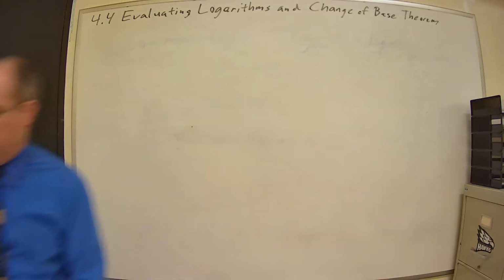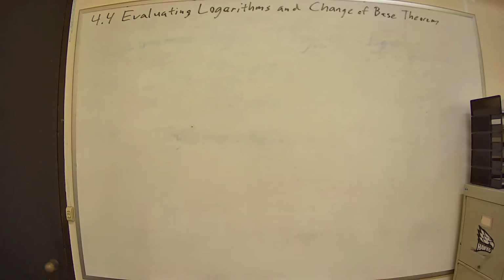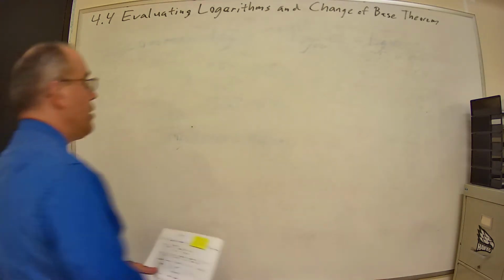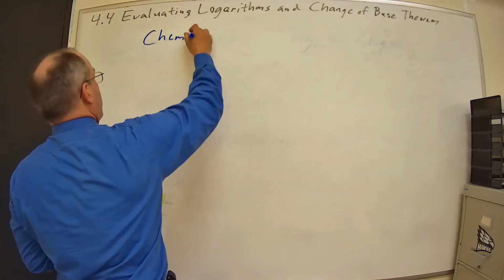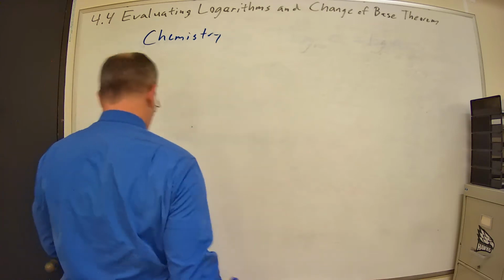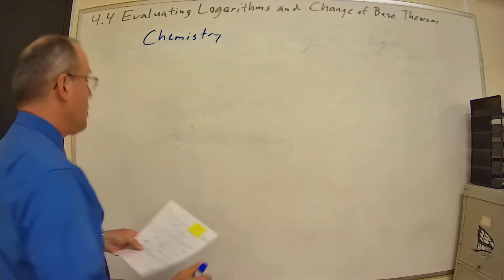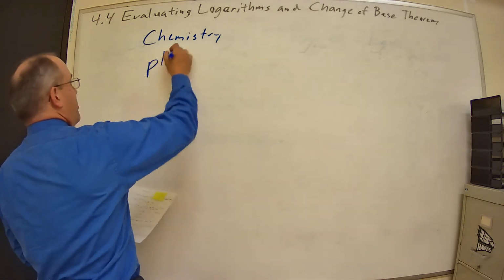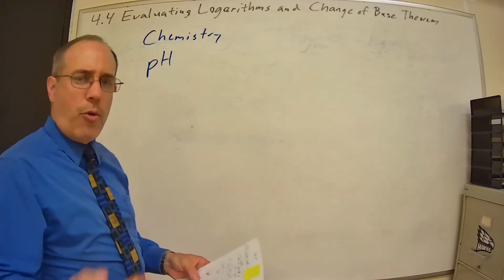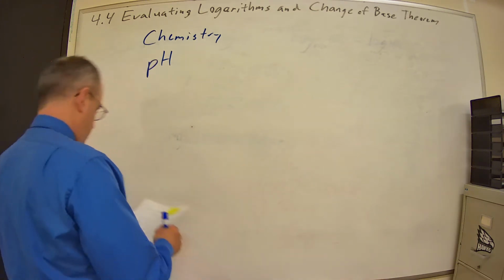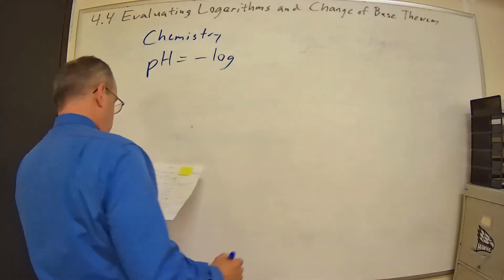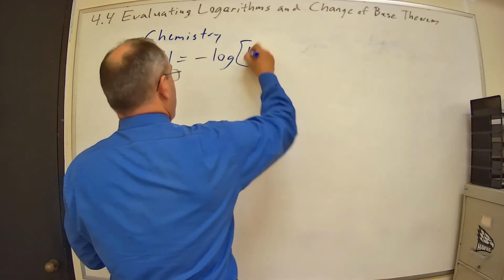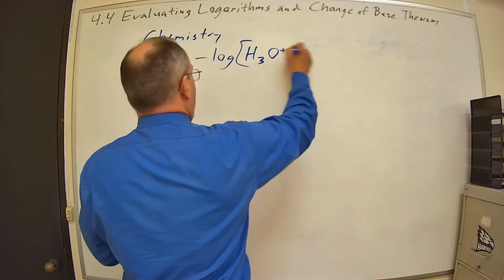So let's get an application. This is a chemistry application. In chemistry, pH, how acidic or how basic a substance is, is equal to negative log of H3O+.